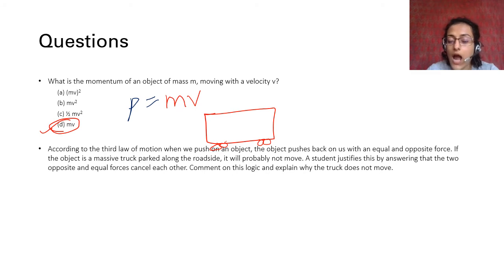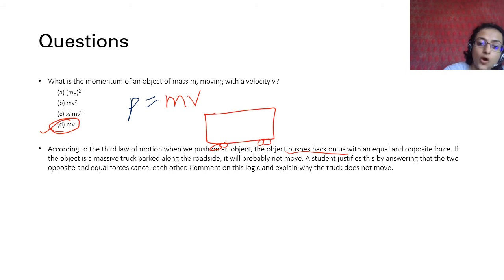Simple thing ऐसी है that when the object pushes back on us, the two forces, the action and the reaction, are working on two different objects. I told you in the beginning of this video that doesn't mean they cancel each other out.